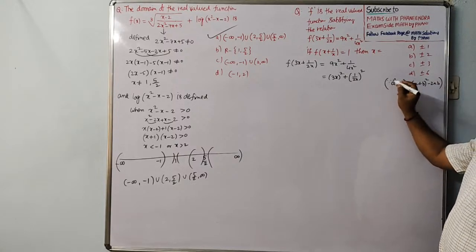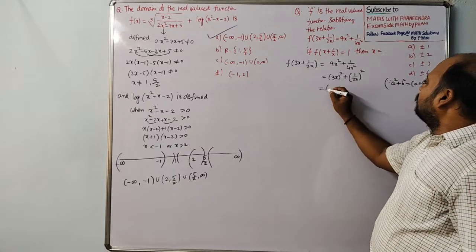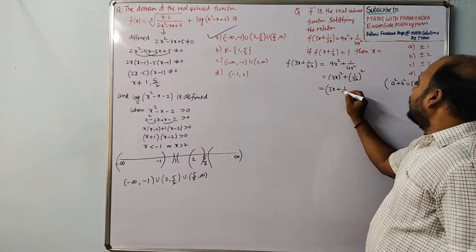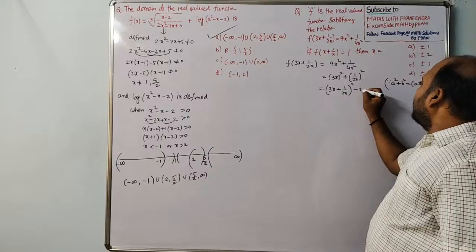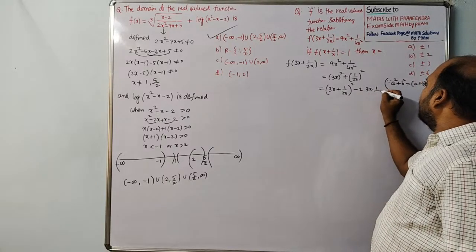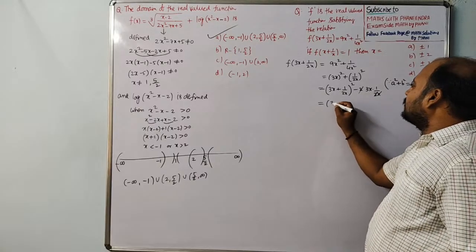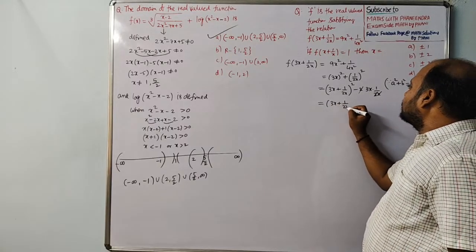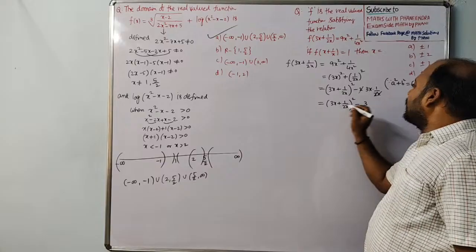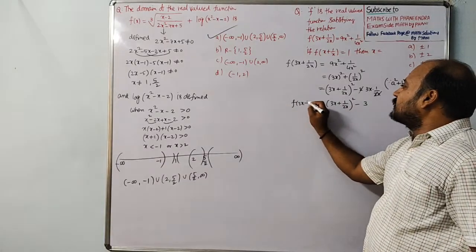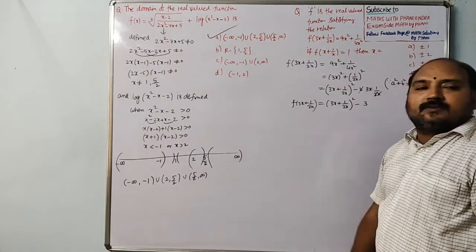So by using this formula, it will become 3x plus 1 by 2x whole square minus 2 into 3x into 1 by 2x. 2 gets cancelled, x gets cancelled, it will become 3x plus 1 by 2x whole square minus 3. This is f of 3x plus 1 by 2x, dear students.